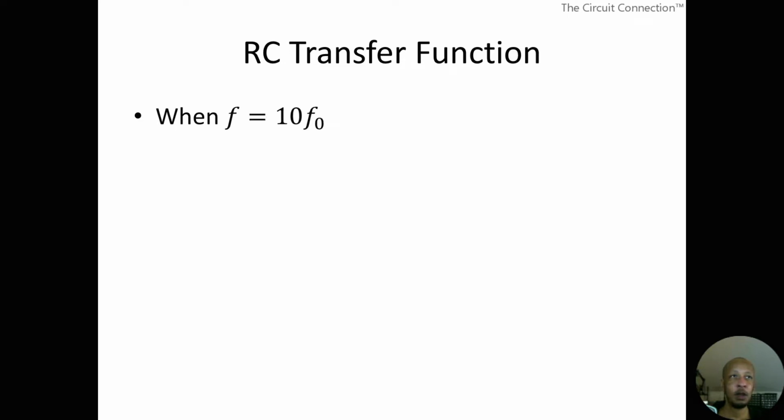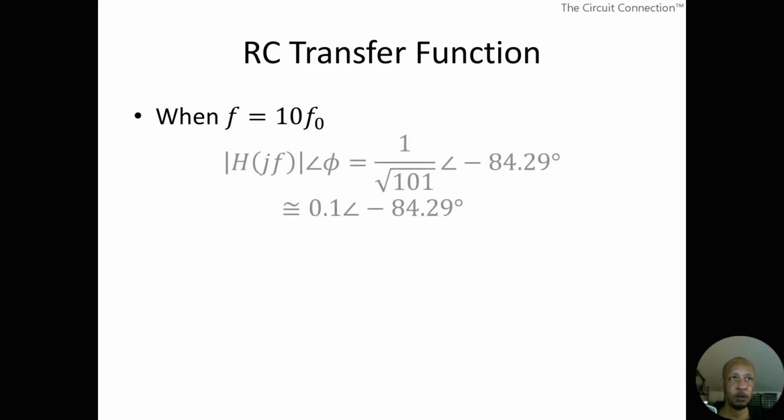And when F equals 10F0, you're going to have 1 over square root of 101 at an angle of negative 84.29 degrees. And 1 over square root of 101 is approximately equal to 0.1.